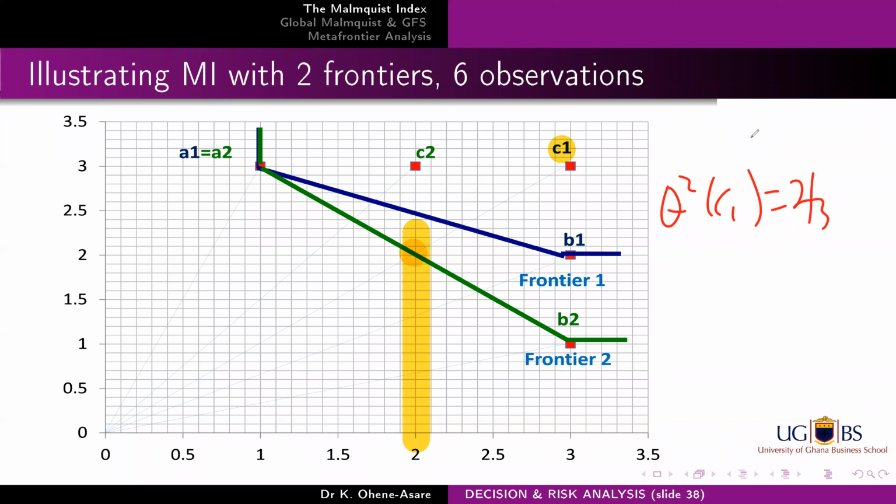Now watch it, it's relative to the second frontier. So that is how I've calculated the cross period, or the mixed period, efficiency for C1.